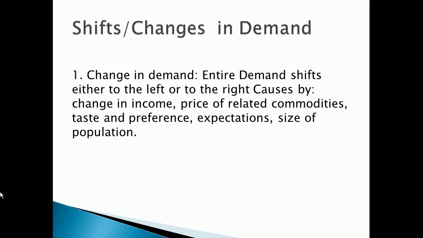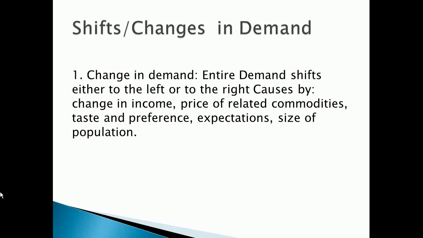Now let me show you this in the next slide. This is a typical example of a leftward shift, showing the arrow moving leftward or inward, and then a rightward shift showing the arrow pointing to the right or outward.